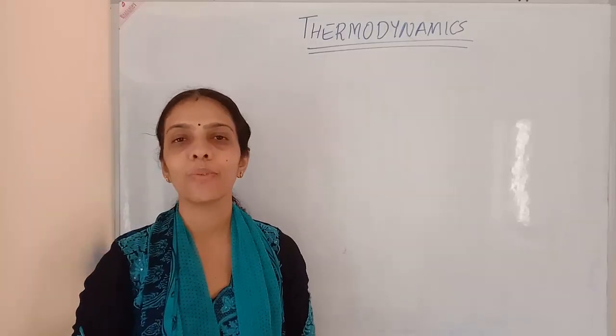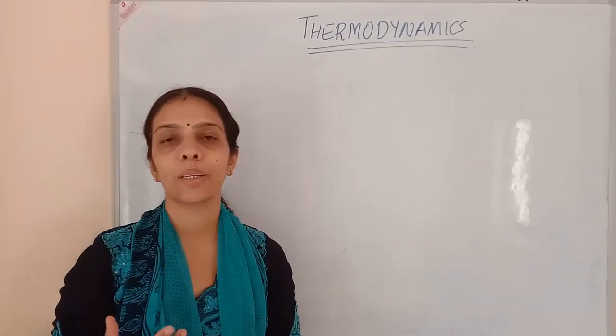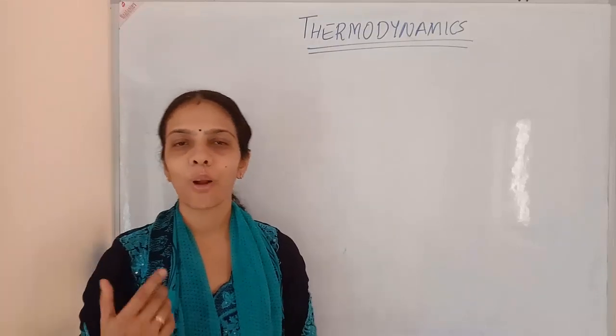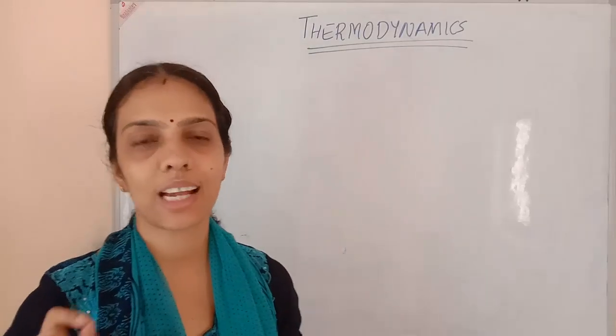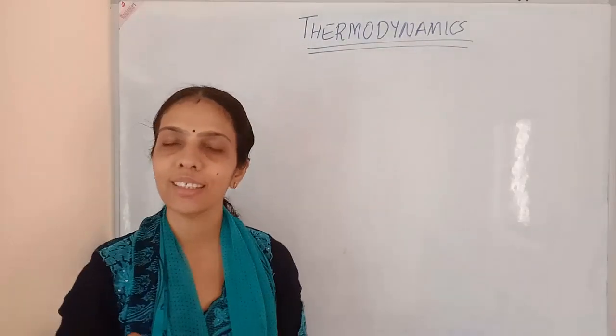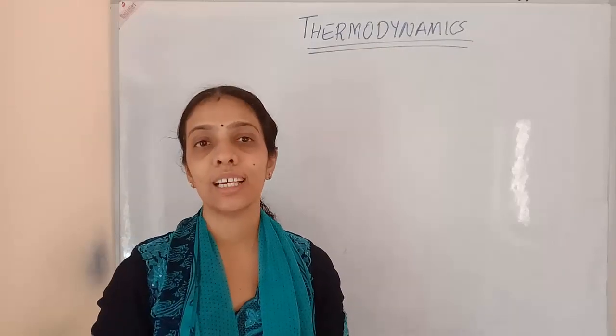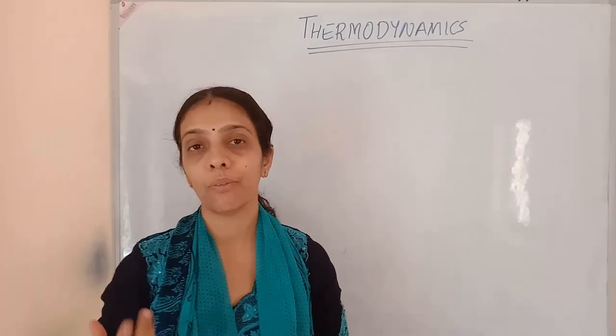First we are going to study what is meant by temperature and what is meant by heat. We already learned this in the previous chapter, thermal properties of matter. Heat is a form of energy which gives warmth, isn't it?